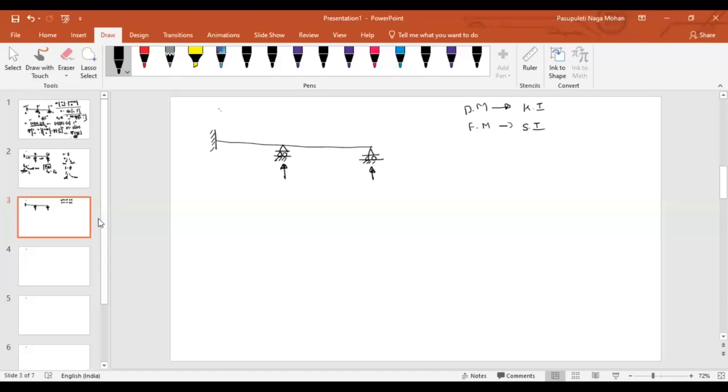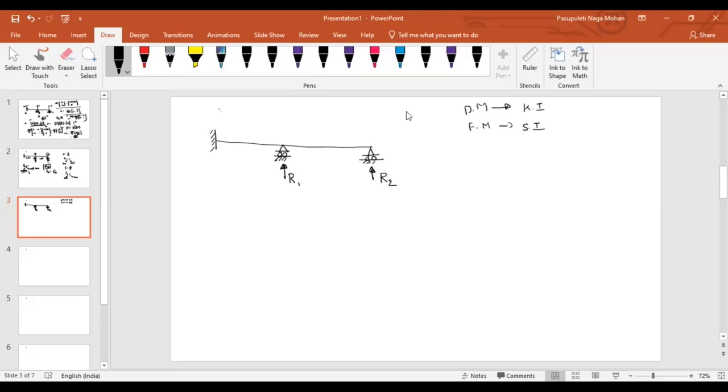Can you tell me what is the static indeterminacy for this case? 2, sir. 2, right? So choose any 2 unknowns. For simplicity I will choose these 2. Let us say this is my R1 and this is my R2.